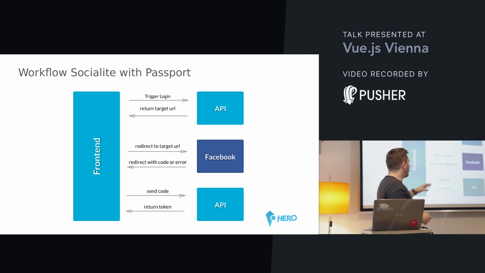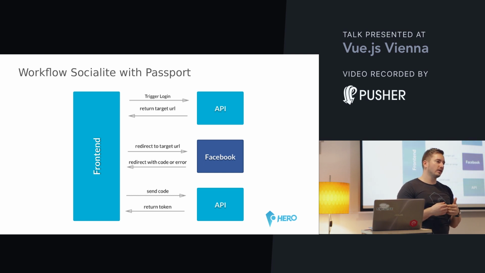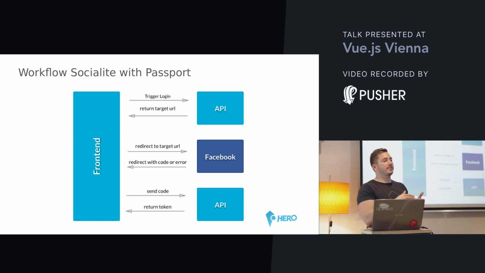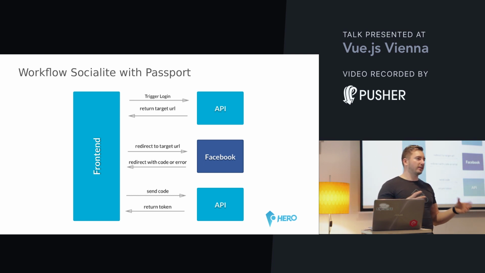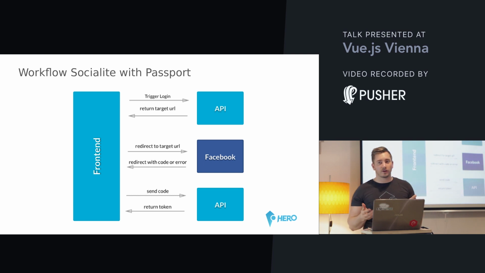Then the front end gets back the Facebook code, and you have to send the Facebook code to the API, and the API now can parse the code, can create the user or create an access token for the user, and sends back the access token to the front end, and the front end stores it again in the local storage. Okay? I hope you see the difference here because of using an API.